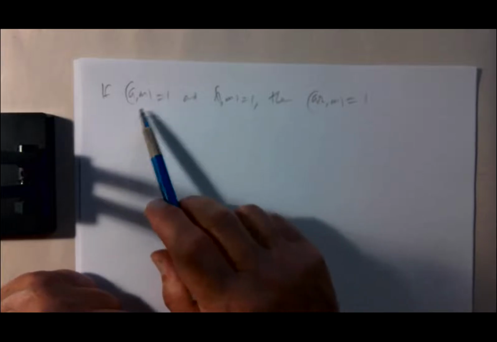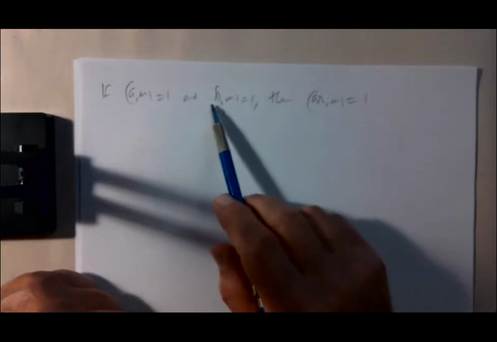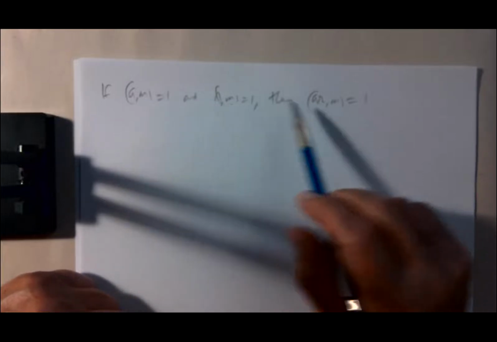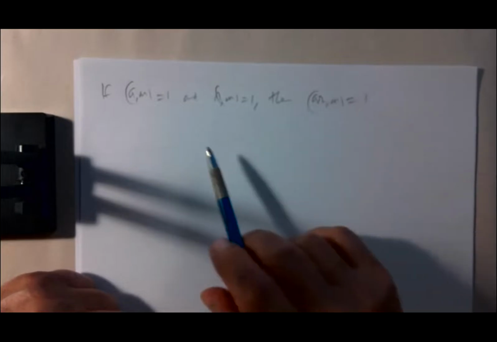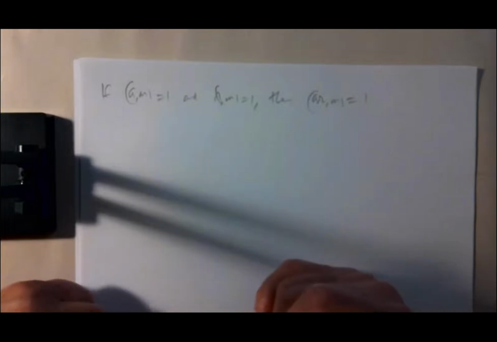It can't divide A because A is prime to M. It can't divide R because R is prime to M, so there can't be any such P. So if you take the product of two numbers relatively prime to M, you get another integer that's relatively prime to M.